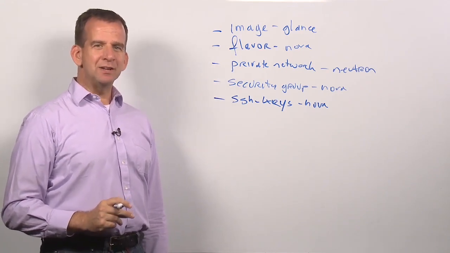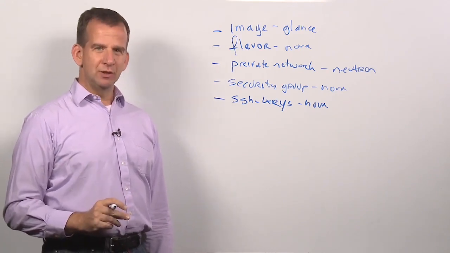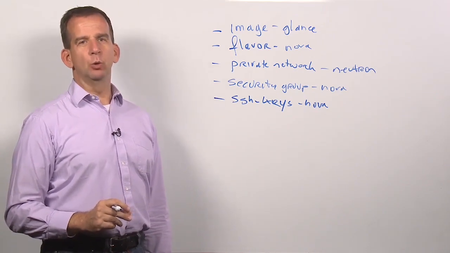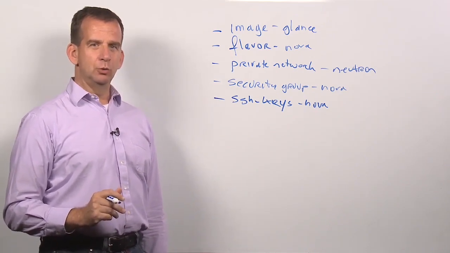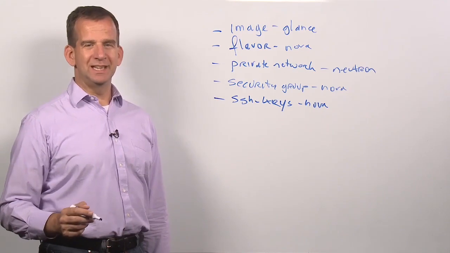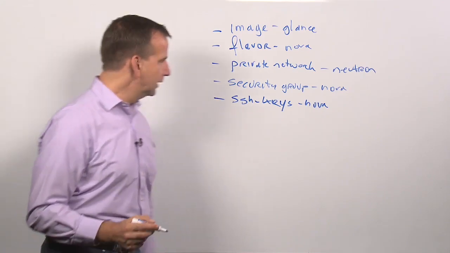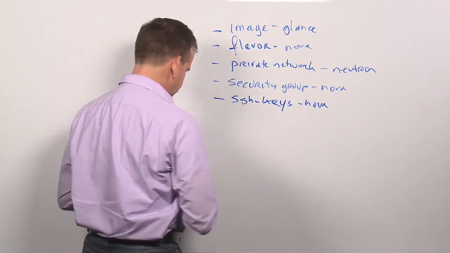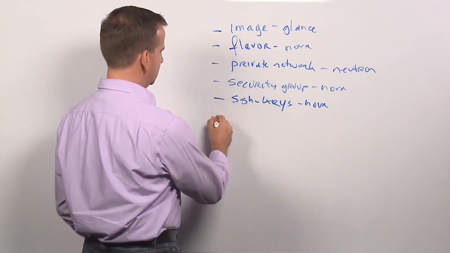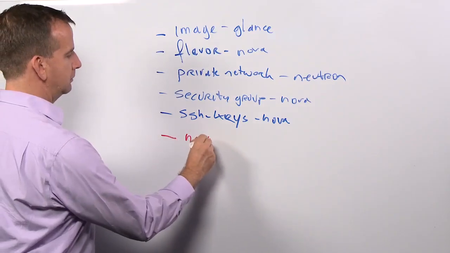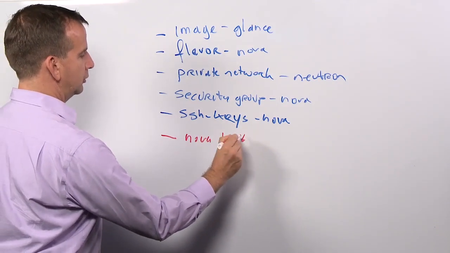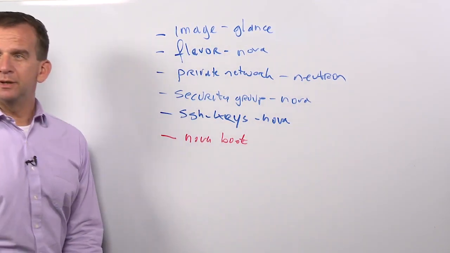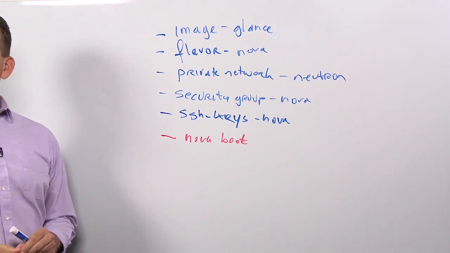And by granting this public key to the instance, you'll be able to use SSH to log in to the instance, to do whatever you need to be doing in the instance. And once you have done all that, you can start the actual instance itself using nova boot. So nova boot is going to start up the instance and give you an operational instance.